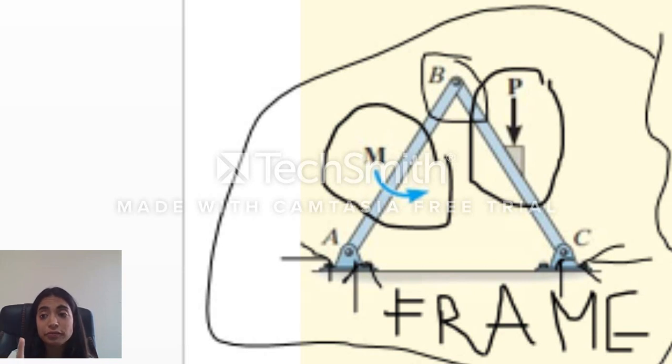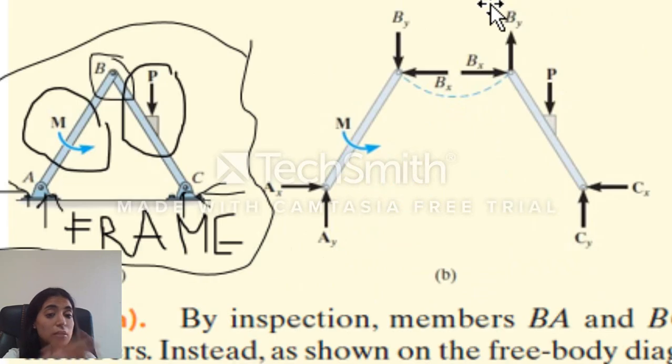And guys, the resultant of Bx and By in this case could never be axial or of the same direction of the member. Because, guys, if this force was axial, then this means that this is a 2 force member, which is not our case. So, guys, basically what I should do, I should separate member AB and member BC, put the internal forces at B.